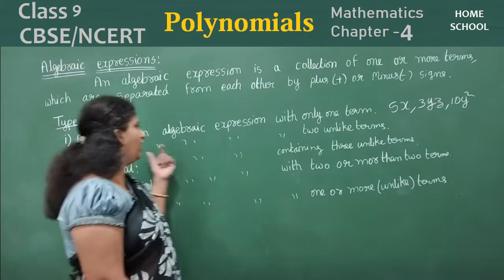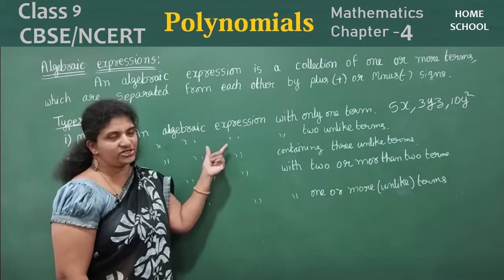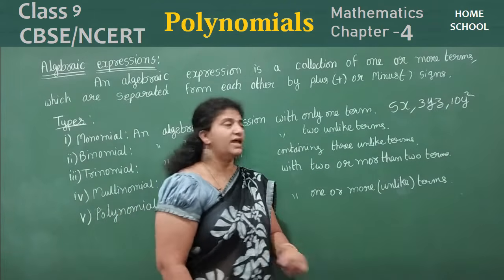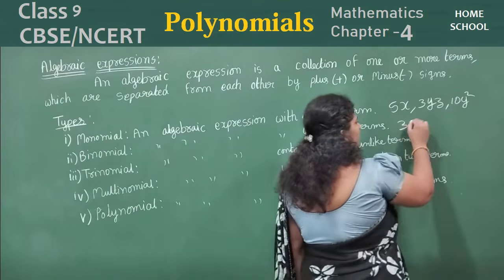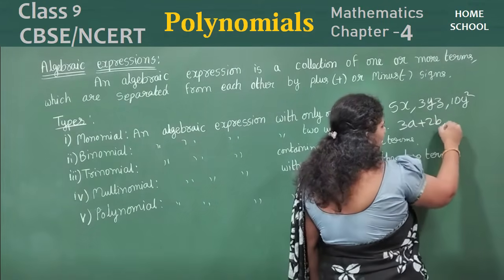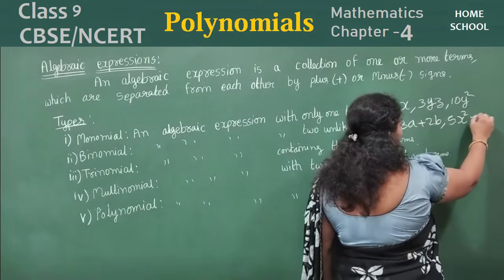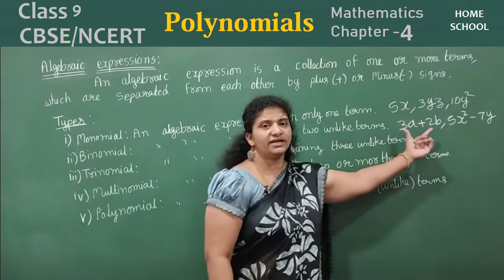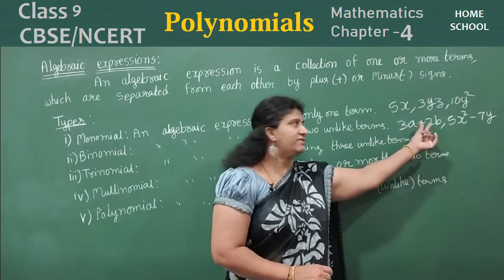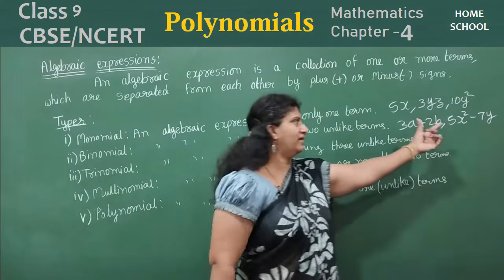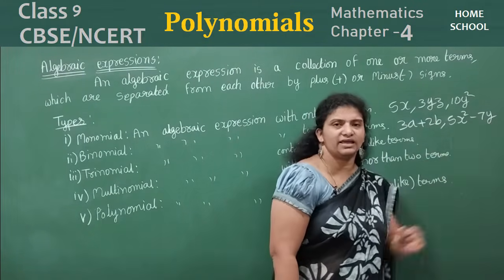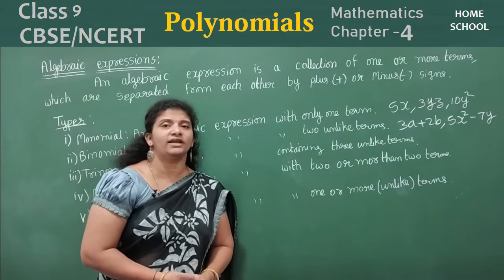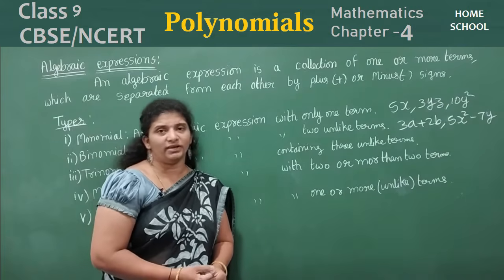So look here, an algebraic expression with two unlike terms. Example, 3a plus 2b, 5x square minus 7y. See here, how many terms we have? Two terms with a plus sign in the middle, and here two terms with a minus sign in the middle. This type of algebraic expression, we call it a binomial.